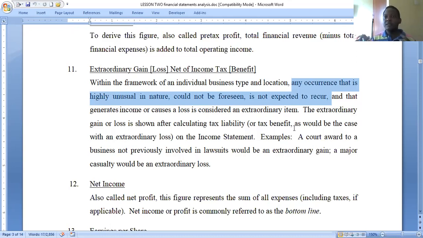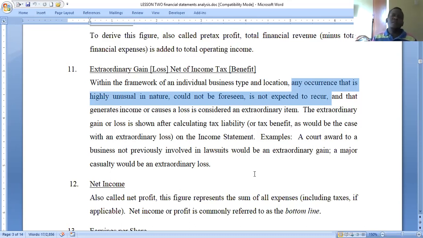Or say, for instance, in the event of a major, unusual loss, such as a fire. The fire comes and ravages the factory or the store or the warehouse, and all the furniture is gone. That's a loss to the business. So that's also another unusual event.